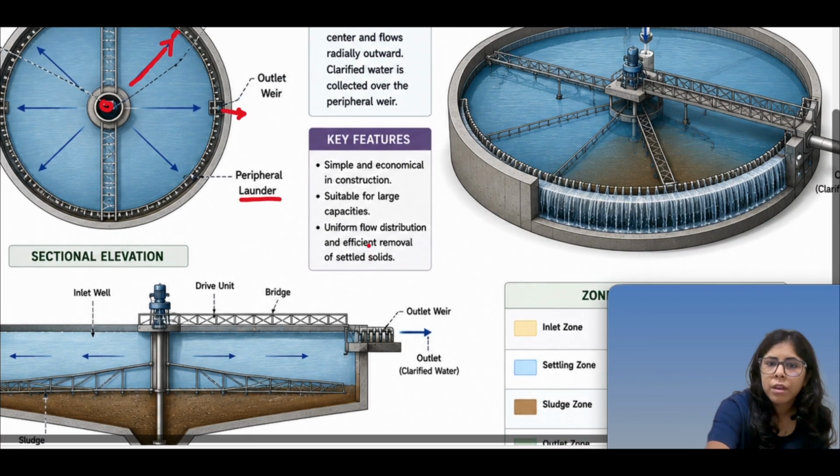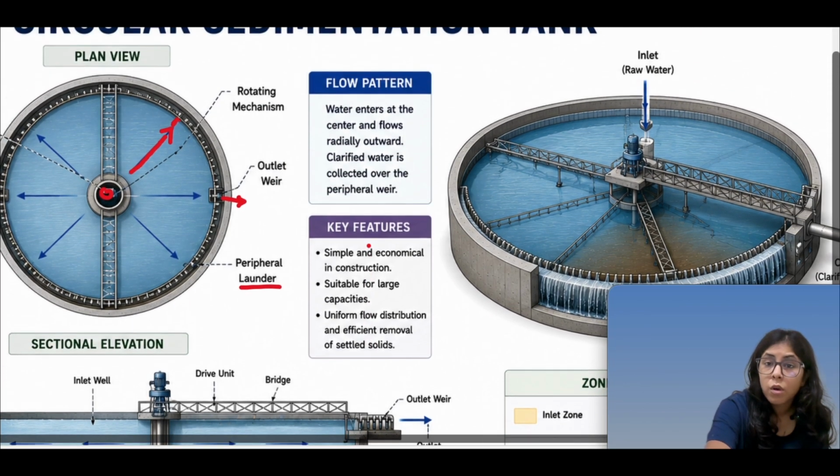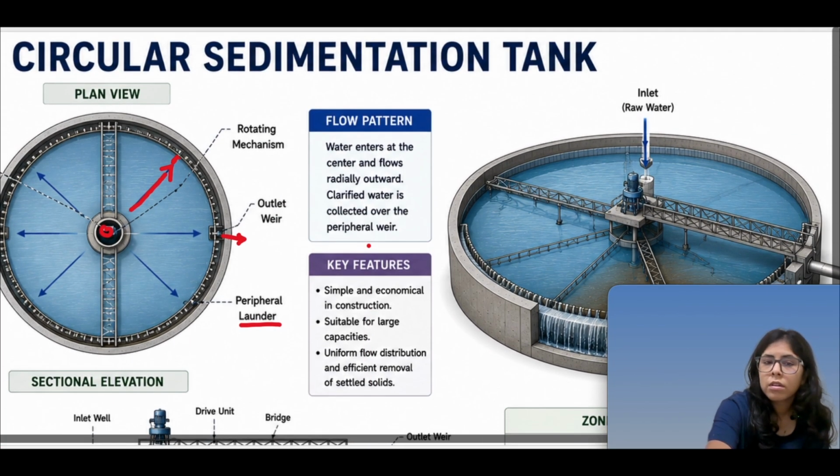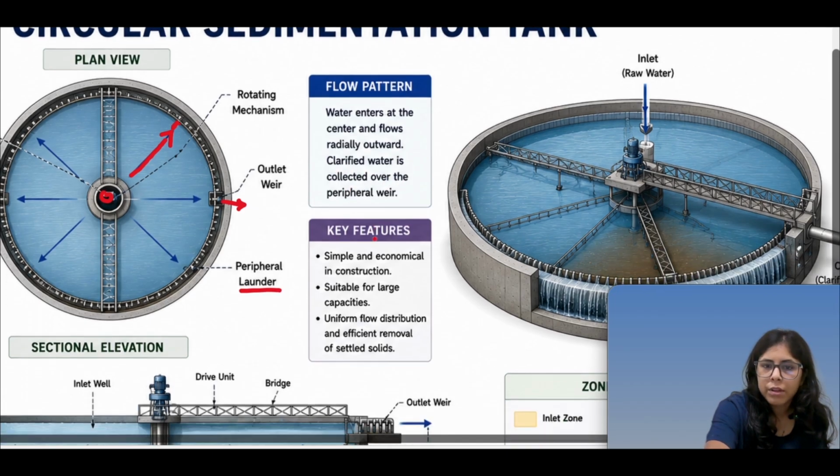So this is how circular sedimentation works basically. It also has the horizontal flow, okay. So the flow pattern is water enters at the center and flows radially outward. Clarified water is collected over the peripheral launder, okay.